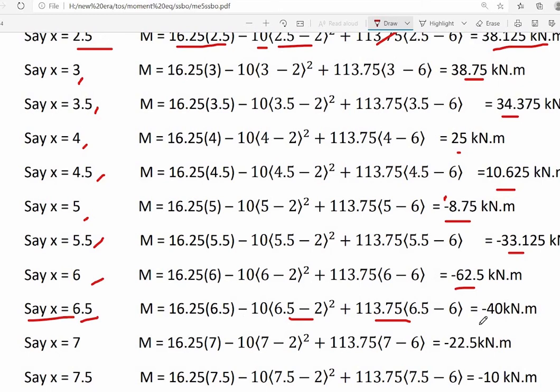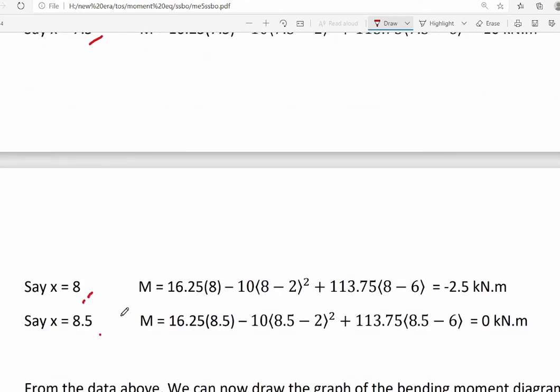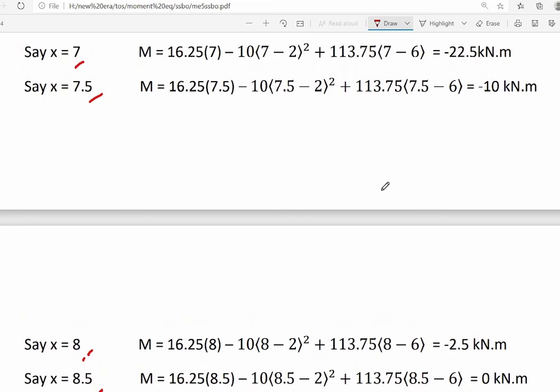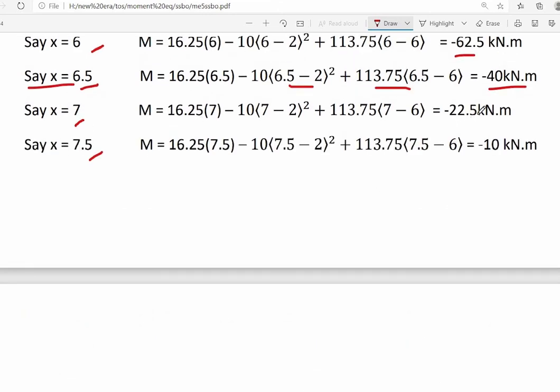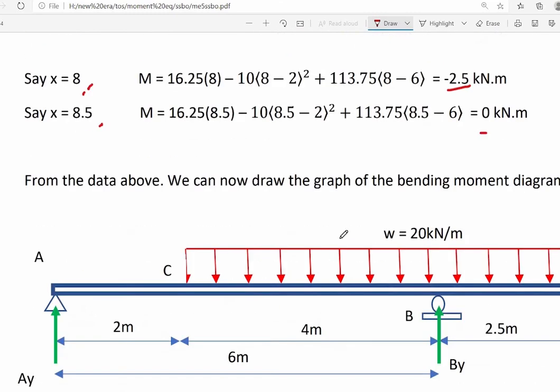And if we perform the operation, M is now equal to negative 40 kilonewton meter. So for x values greater than 6 meters, all the terms of the equation will now exist. At 7 meters, 7.5 meters, 8 meters, up to 8.5 meters, we can solve for the corresponding M, that is equal to negative 22.5, negative 10, negative 2.5, and 0 kilonewton meter respectively.